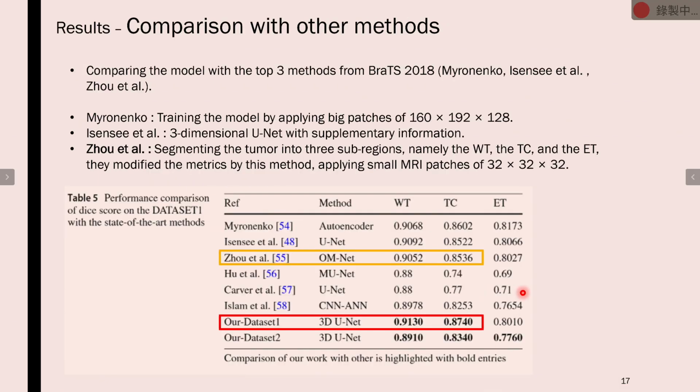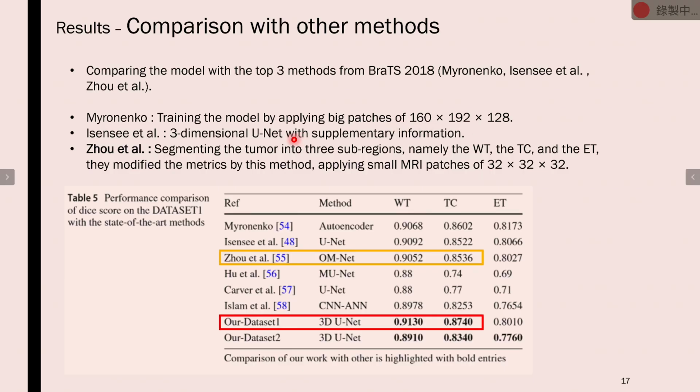And they compared the model with the top 3 models from BRATS 2018. The first is Mironenko, which applies big patches of the MRI images.